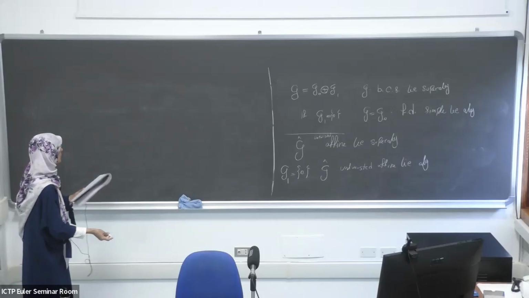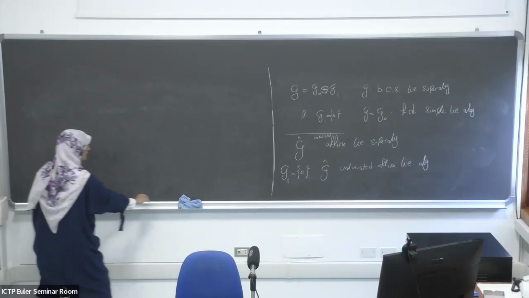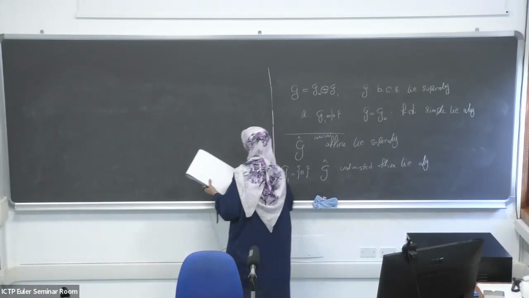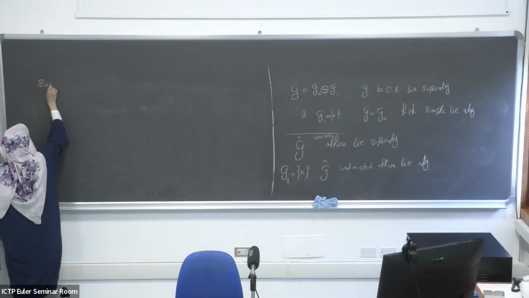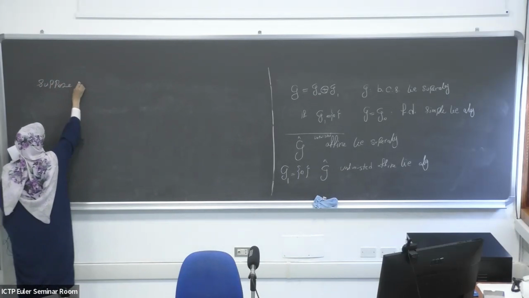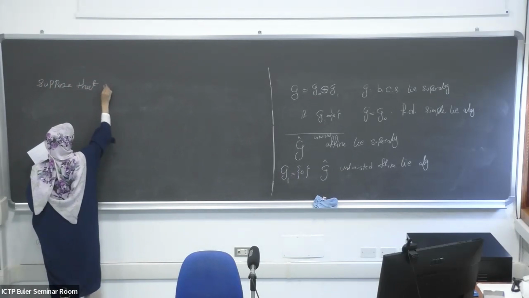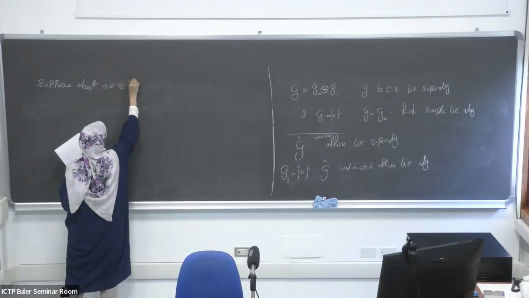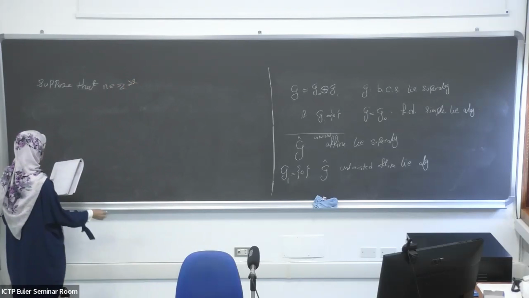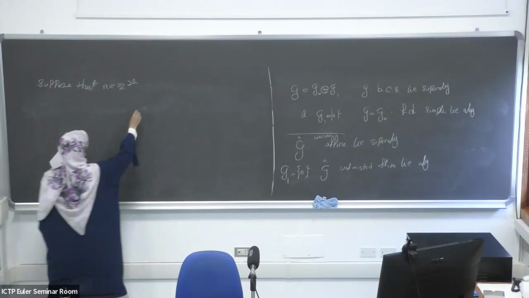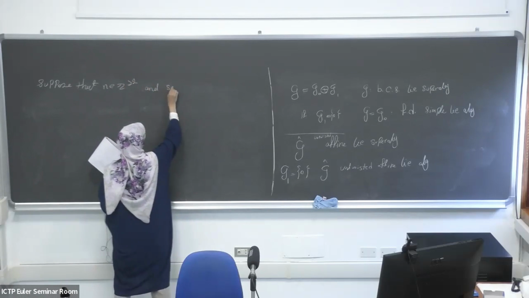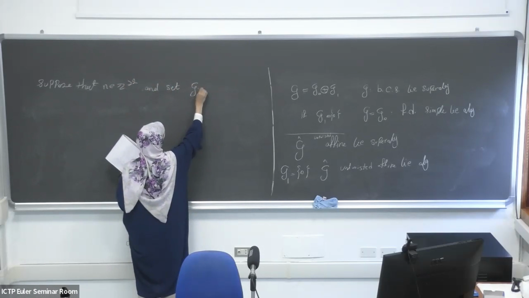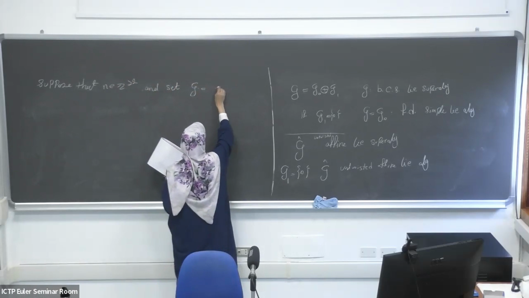Let's look at the first example. Suppose that n is a positive integer greater than 1 and set G to be sl_n(F).